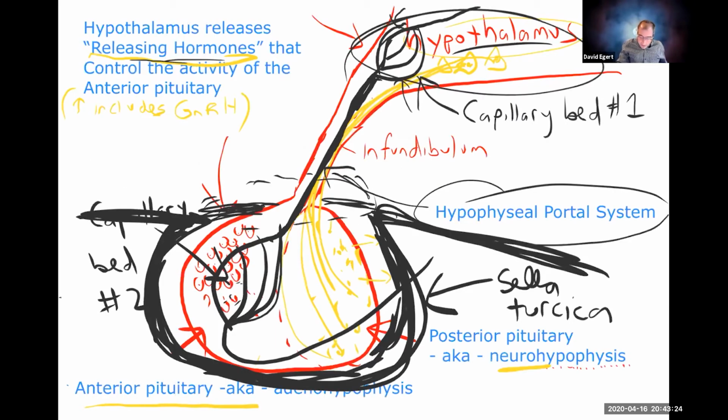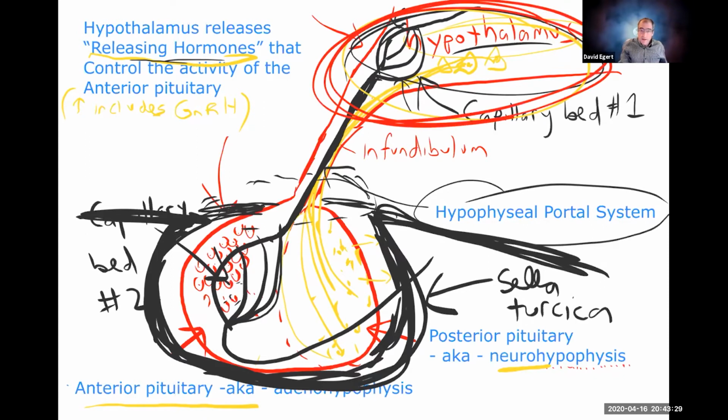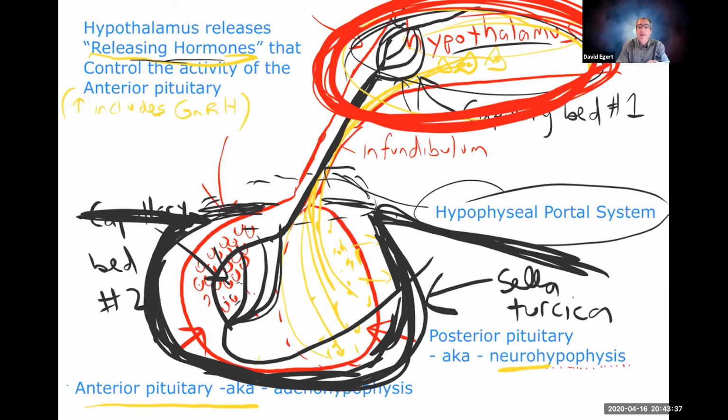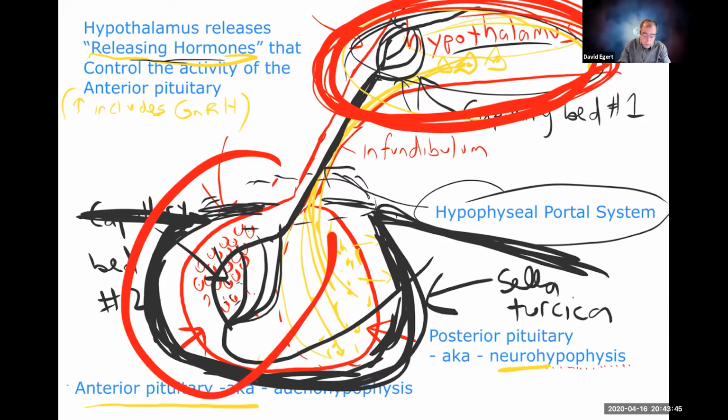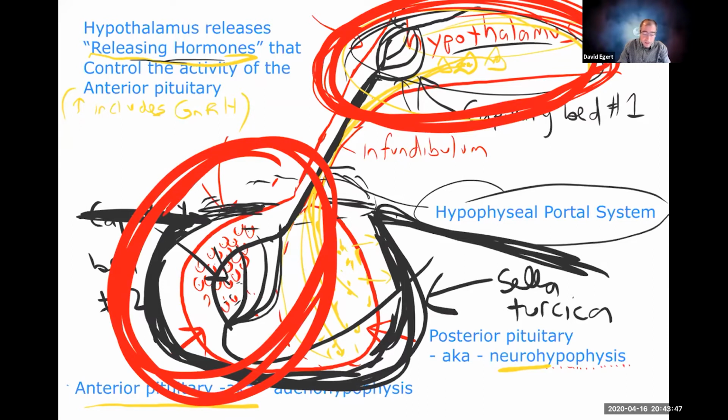Again, the hypothalamus is ultimately doing a lot of the control, and because of that, this is where the nervous system is very tied into the functioning of your endocrine system. The hypothalamus releases hormones which talk to the anterior pituitary, and the anterior pituitary controls your adrenal glands.